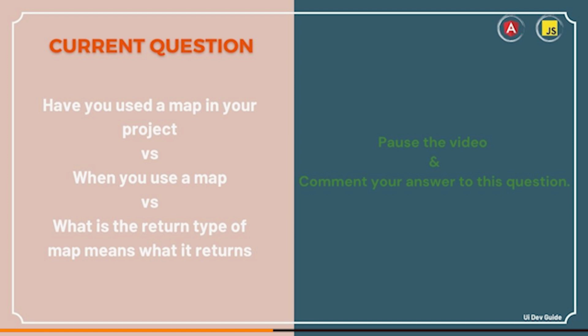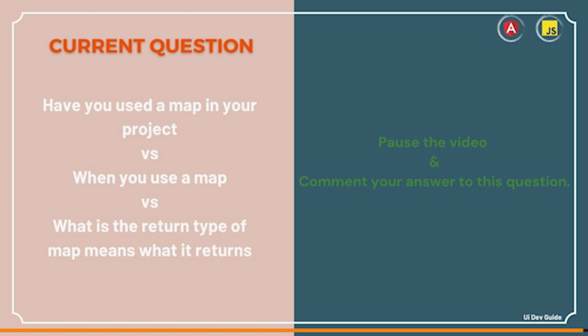It returns the array itself. When we use a map, it does some process or function that we have defined in the map, and then returns the mutated array. So it returns the transformed array, whatever action you perform on your array.